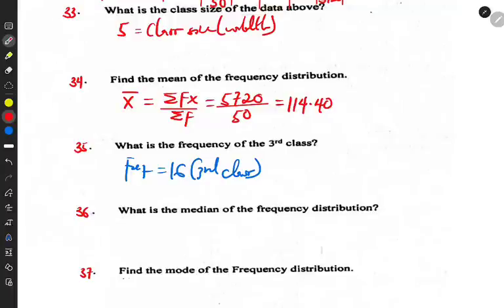Then, what is the median of the frequency distribution? This is how we calculate median in a grouped frequency distribution.